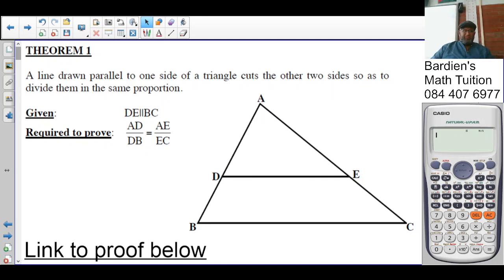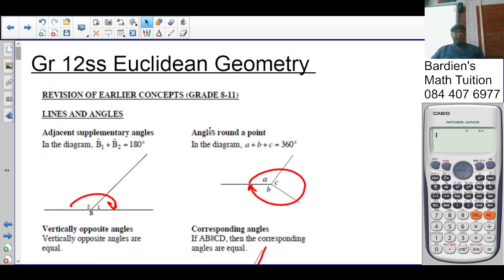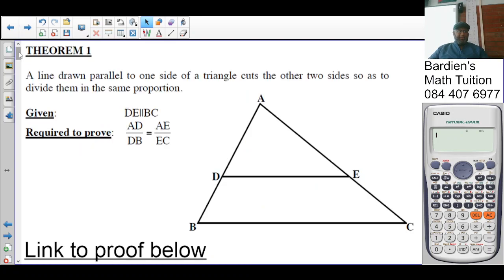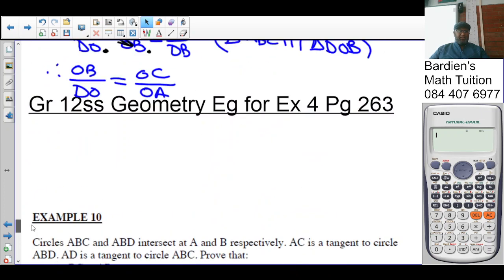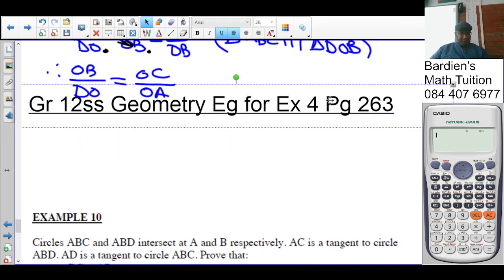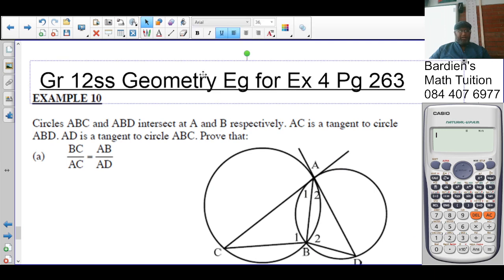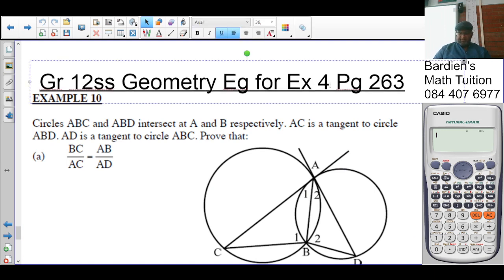Okay, good morning class. So at this point we're looking at Euclidean Geometry, and we are doing examples for exercise 5. Exercise 5 is on page 267.